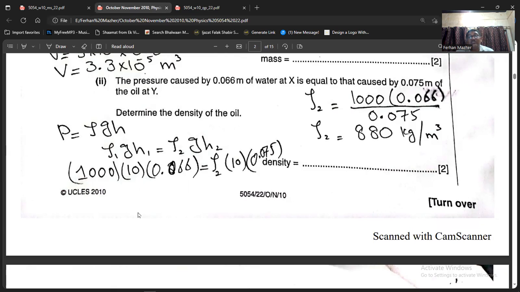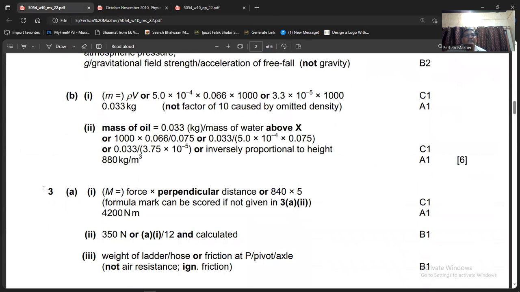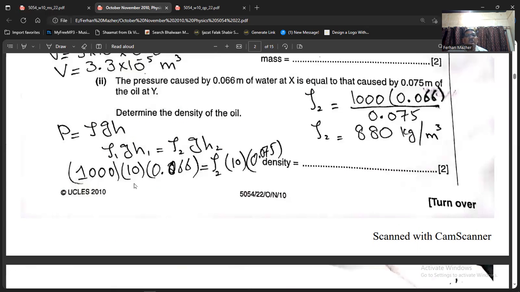So if you make rho 2 the subject of the formula, you will have 1000 multiplied by 0.066 divided by 0.075, and the answer will be 880 kg per meter cube. That will be the density of the oil. I hope you understand the strategy of how we have done this. So 880 kg per meter cube is the right answer. This is the solution, and I hope you understand.